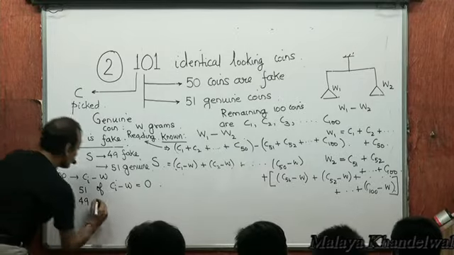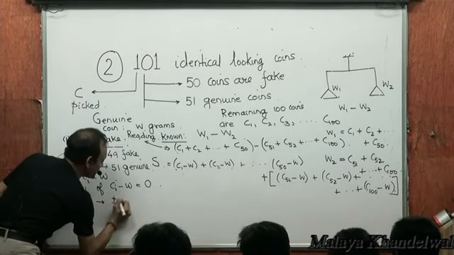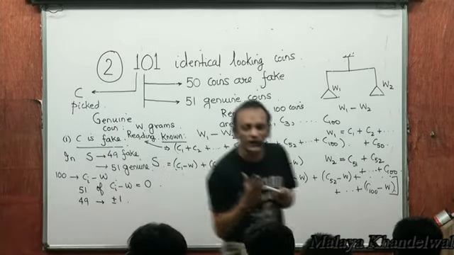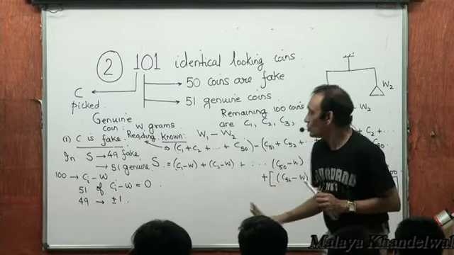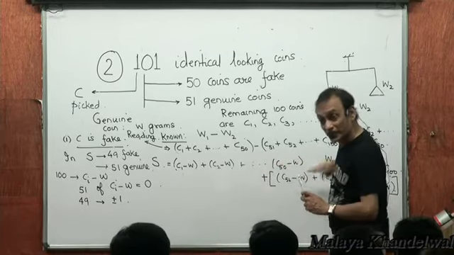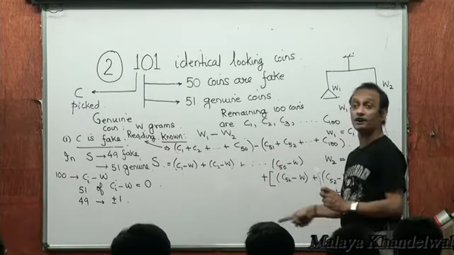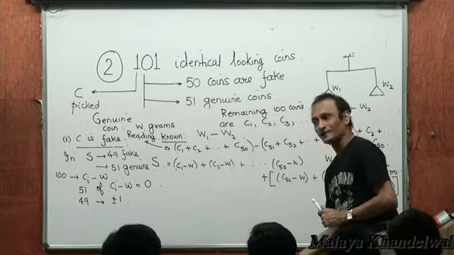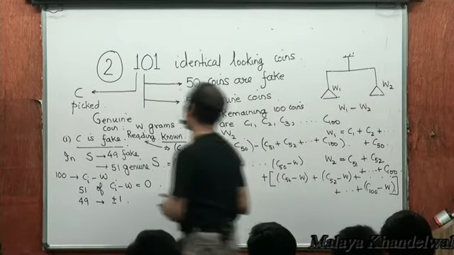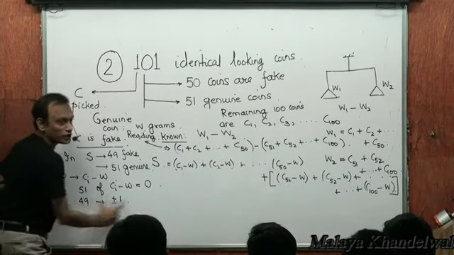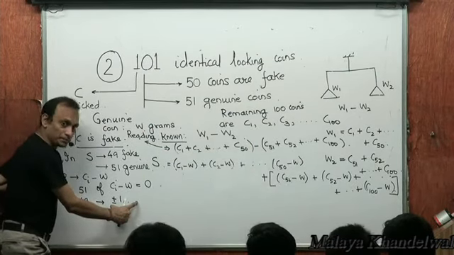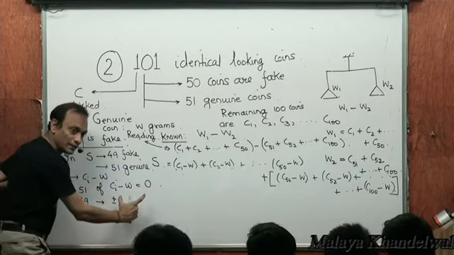49 remaining would be plus 1 or minus 1, depending on whether the fake coin is a gram more or a gram less, right? So 49 of these Ci minus Ws would be plus 1 or minus 1. That means in the summation, 51 of these brackets will add up to 0. 49 of these brackets would each be either plus 1 or minus 1.